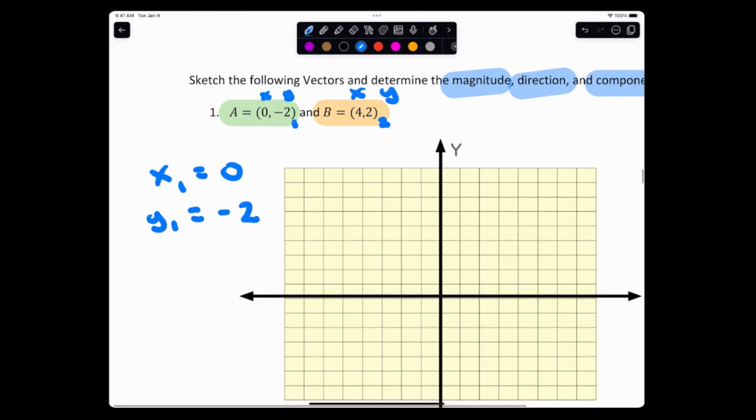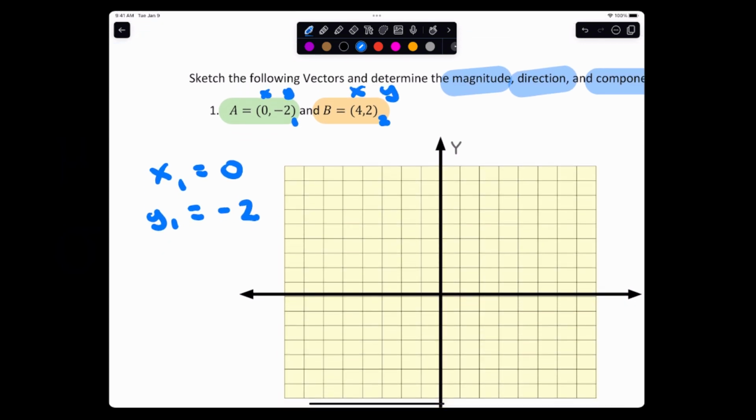I got the y coordinate. Okay. What is x2? X2 will be 4. Good. What is y2 going to be? 2. Is that true? So you're going to have 2, 4 minus 0. Is that true? So let's write that down.